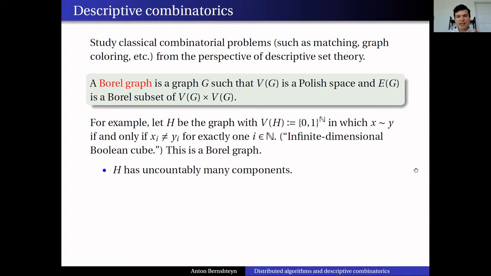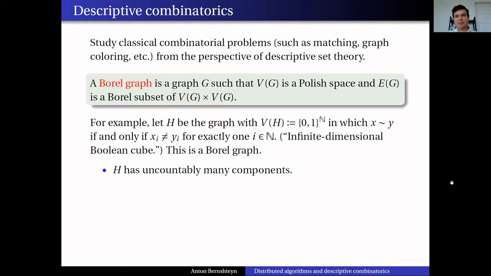So in finitely many steps, you can only change finitely many coordinates, which means that the only vertices that can be reached from a sequence X are those which differ from X in only finitely many places. In particular, the sequence that's all zeros and the sequence that's all ones belong to different connected components of H. And in fact, there are uncountably many connected components in this graph. So it's very much disconnected.